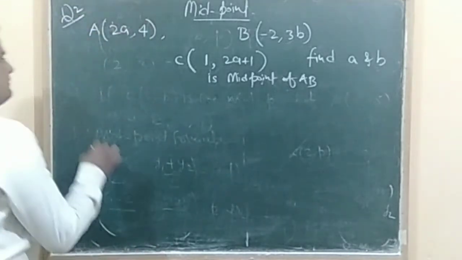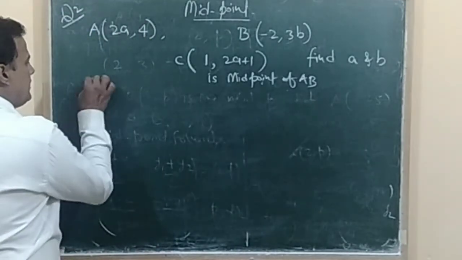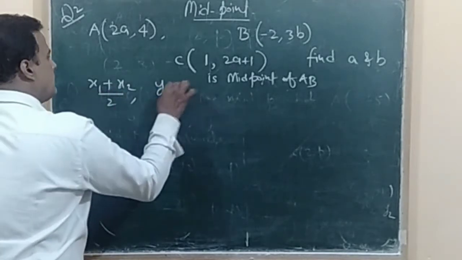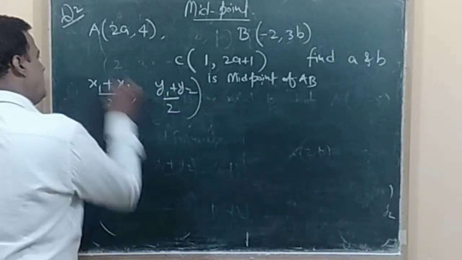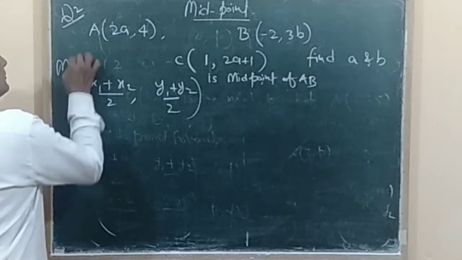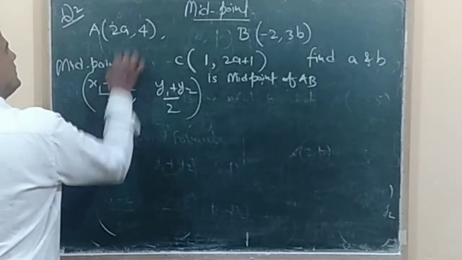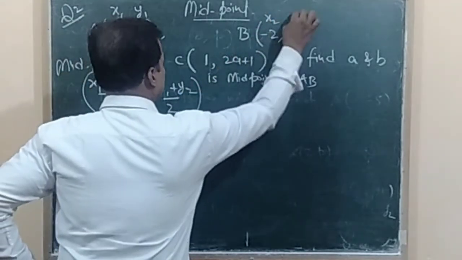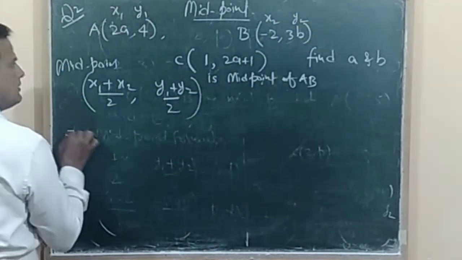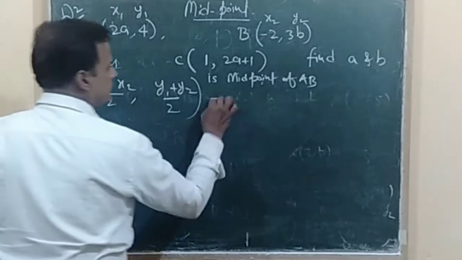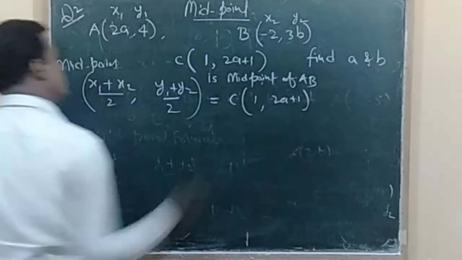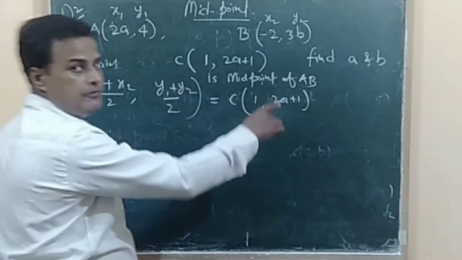So by the midpoint formula, midpoint (x1 plus x2) upon 2, (y1 plus y2) upon 2, है ना midpoint. Here this will be x1 and this will be y1 and this will be x2, this will be y2. Writing this, which is equal to C, means (1, 2a plus 1). We have to find out a and b only.